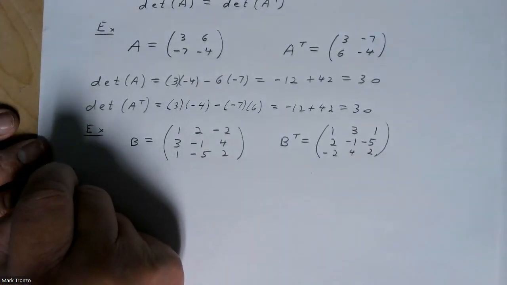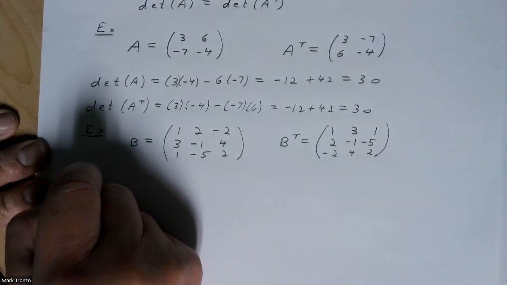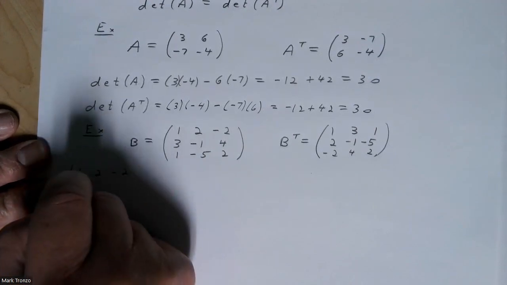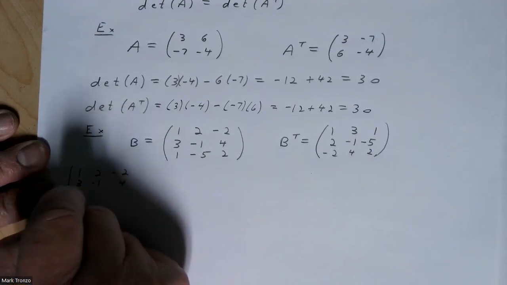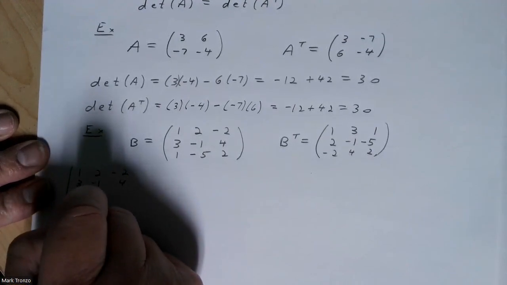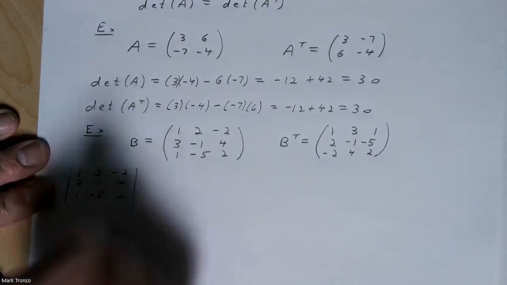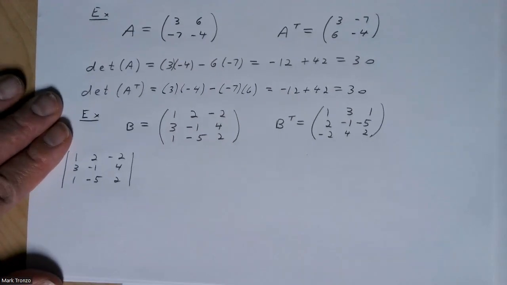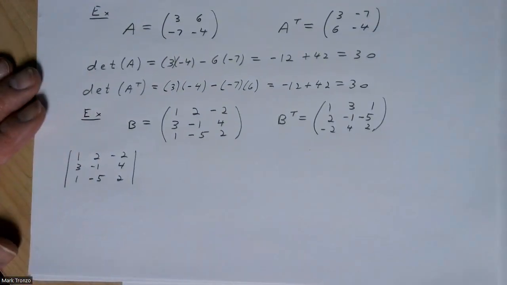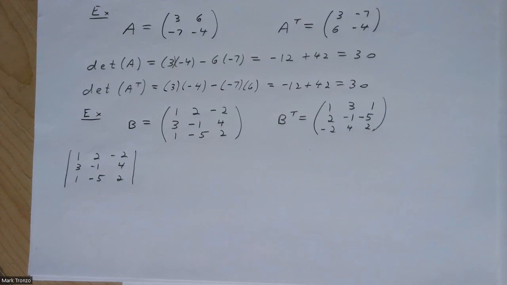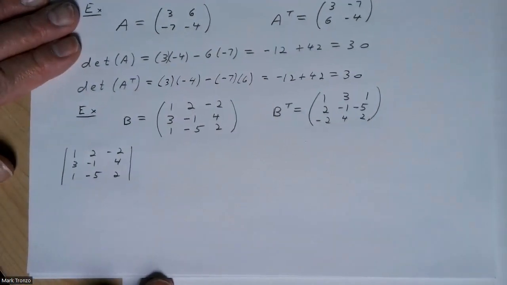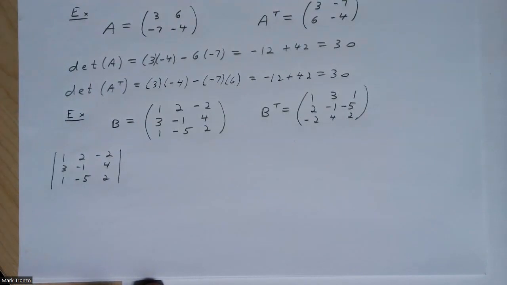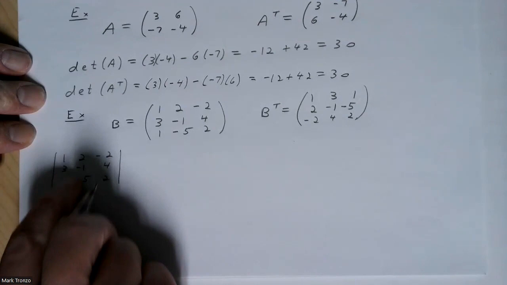So let's do the determinant. 1, 2, minus 2, 3, minus 1, 4, 1, minus 5, 2. Now, since it's a 3 by 3, we'll use that quick method. Again, if you're doing cross products or something, you don't want to use a quick method because things get more orderly if you use the regular method, but I'll use the quick method here.